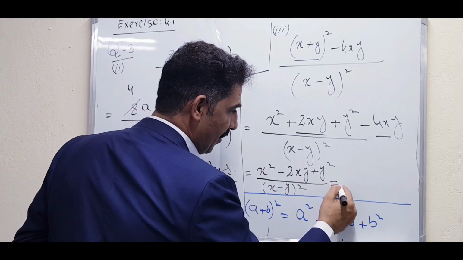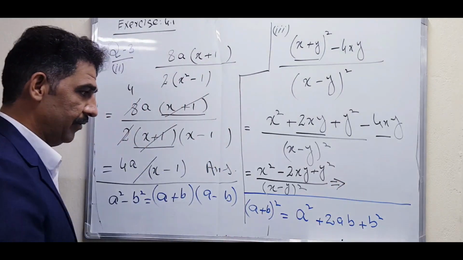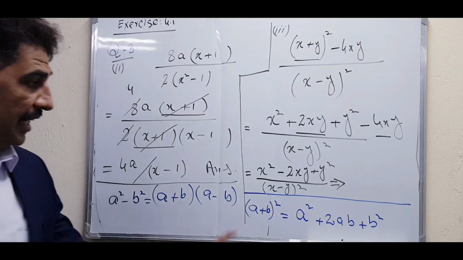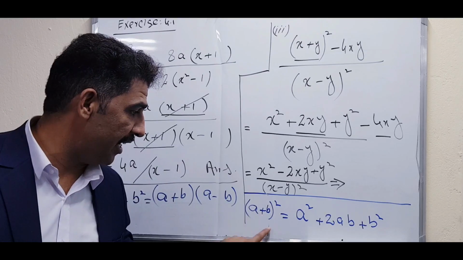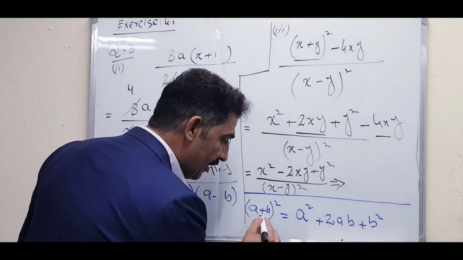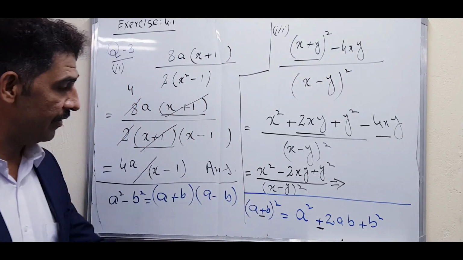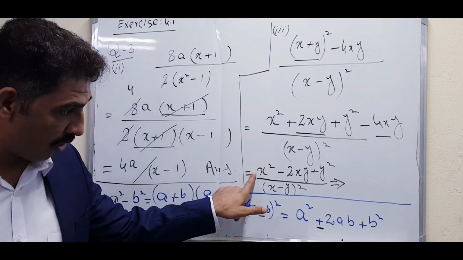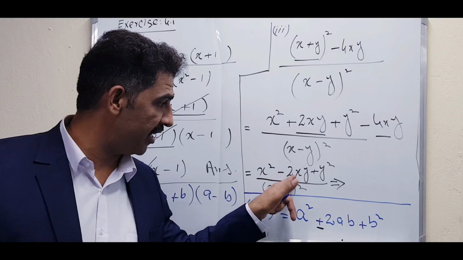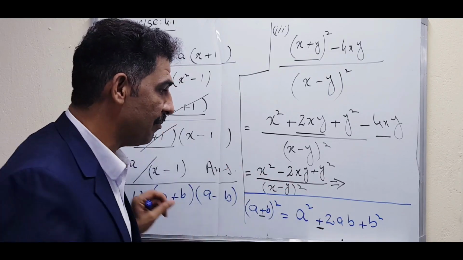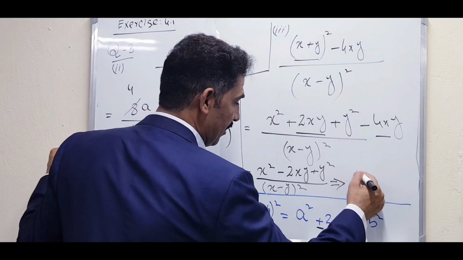The next step, I want to write it here because there I put the formula. It is the same formula applying. If the negative sign is here, minus 2ab, then a minus b whole square. Check it. According to the formula, first square minus 2ab plus b square. It means that this will be the numerator.